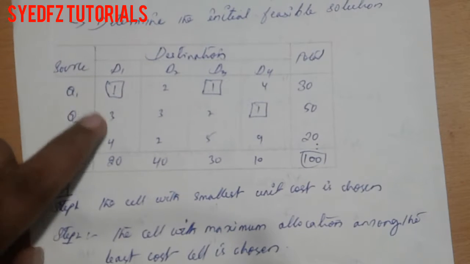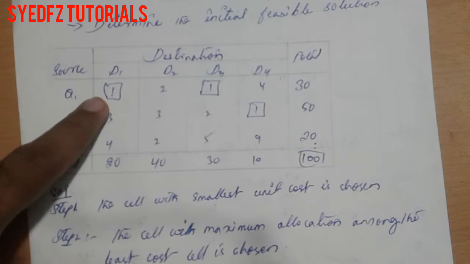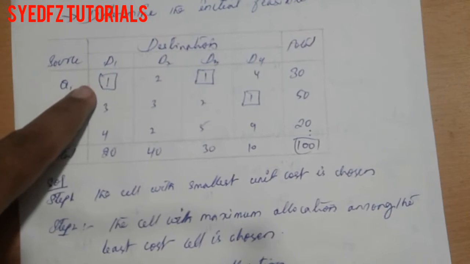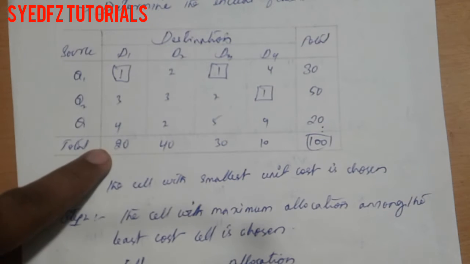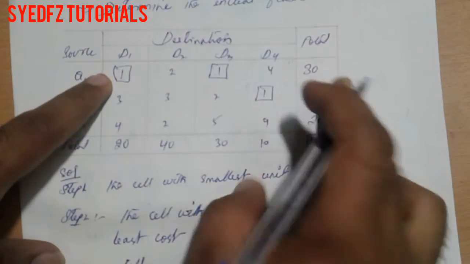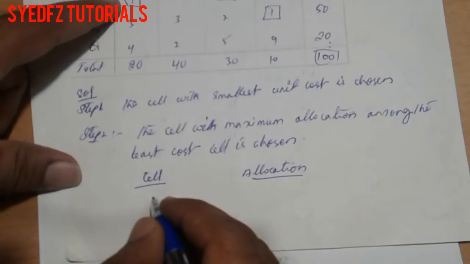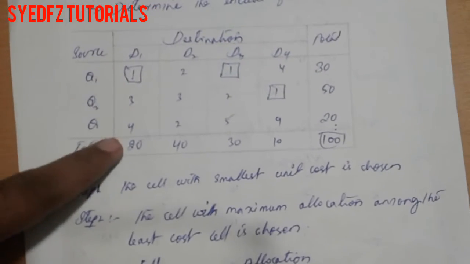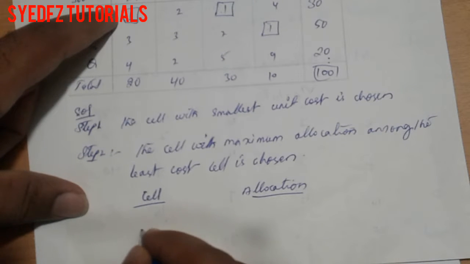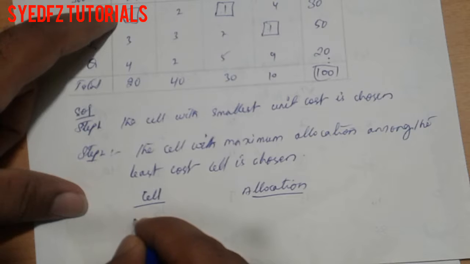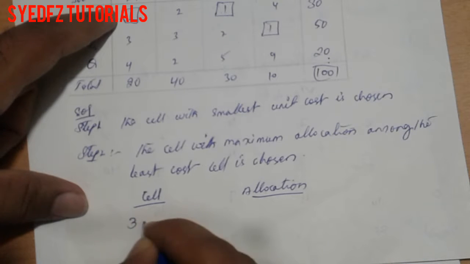First, where are we getting it? We are getting it here. Demand is 20, supply is 30.